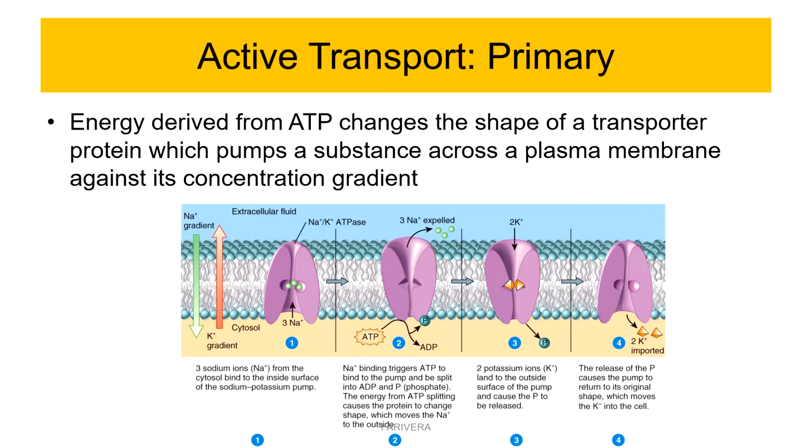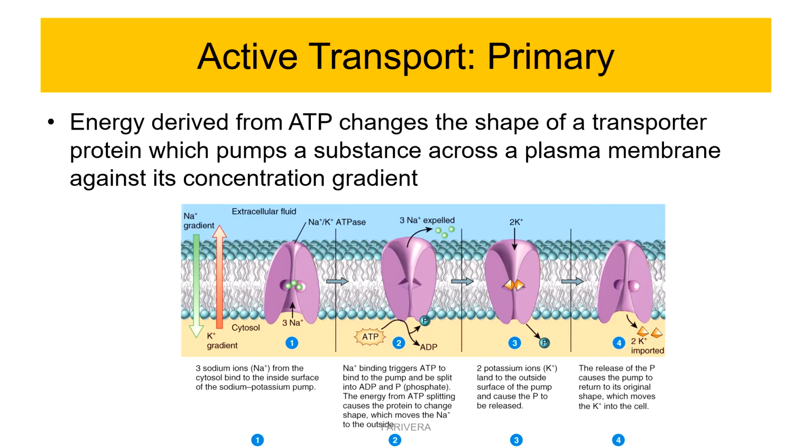So moving on now to active transport. Primary active transport directly uses energy from ATP. That energy changes the shape of a transporter protein so that it can pump a substance across the membrane against its concentration gradient.